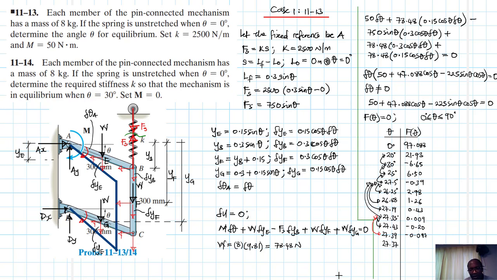You can check that one. So 50 plus 47.088 cos 27.37 minus 225 sine 27.37 cos 27.37. So we have a minus 0.044.